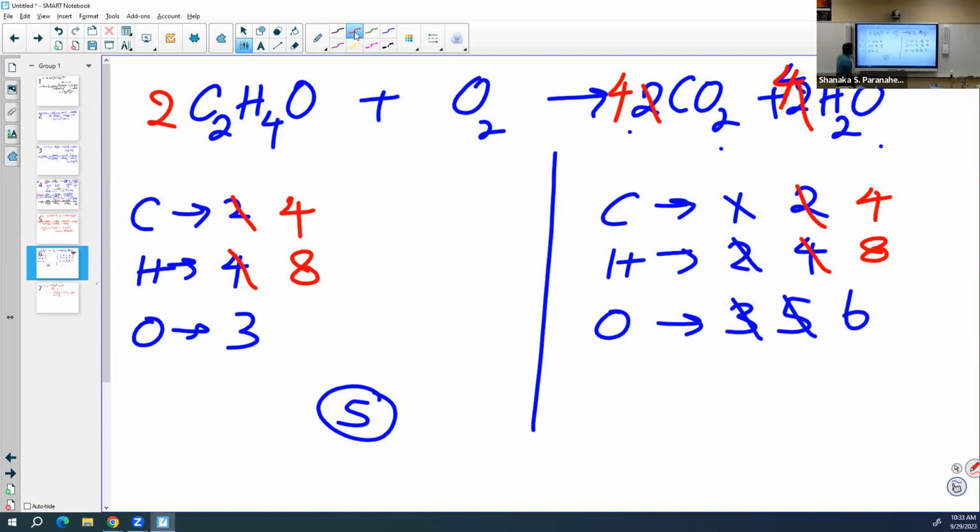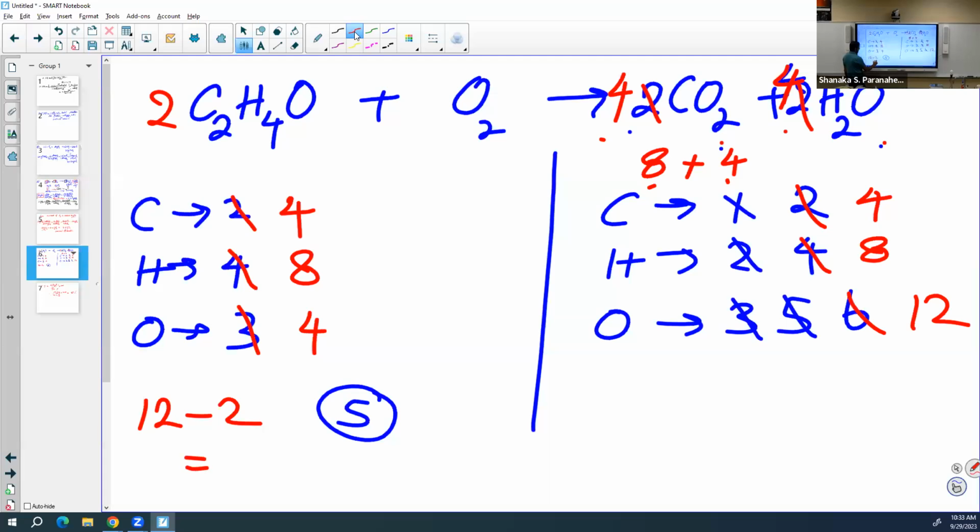Now we can count the new number of oxygen again: 2 plus 2 is 4. On the product side, 2 times 4 is 8, 4 times 1 is 4, and 8 plus 4 is 12. So now we need 12 on this side. We already have 2 here, and 12 minus 2 is 8. We can get 10 from this part: 5 times 2 is 10, and 10 plus 2 is 12.